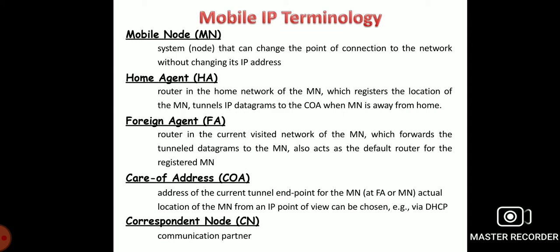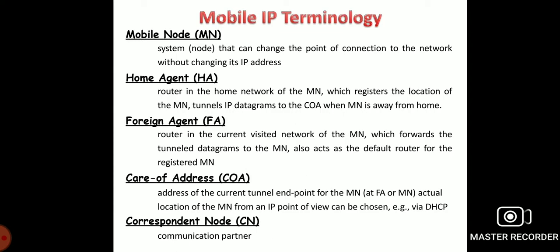It is the address of the current tunnel endpoint of a mobile node, the actual location of the mobile node from an IP point of view, and it can be chosen, for example, via the dynamic host configuration protocol, DHCP. And finally the correspondent node, which is the communication partner of the mobile node.